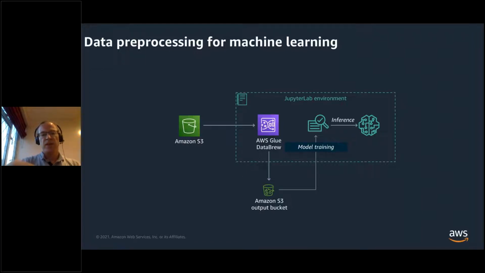So with the plugin installed within that Jupyter environment, and that could be a self-managed EC2 environment or within SageMaker Studio, you can upload the dataset, clean and normalize, then train and publish your ML model without the need to leave your Jupyter environment to use DataBrew.